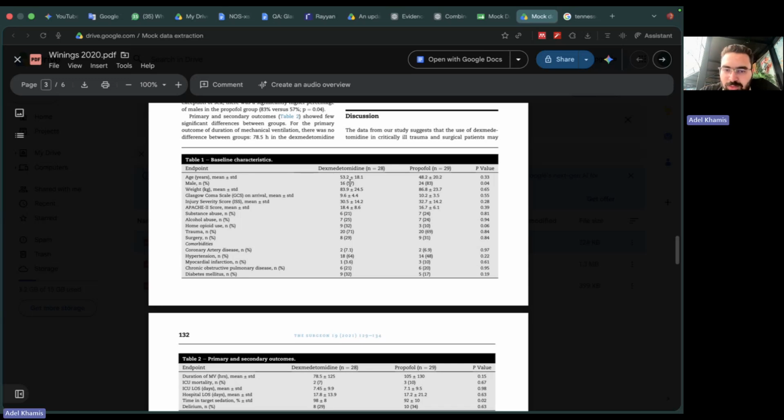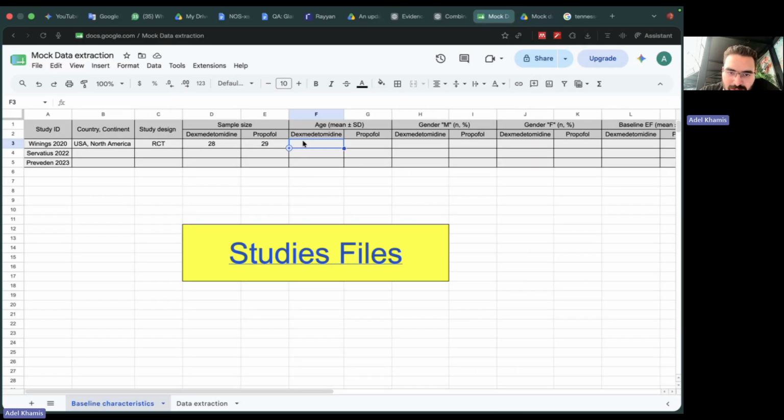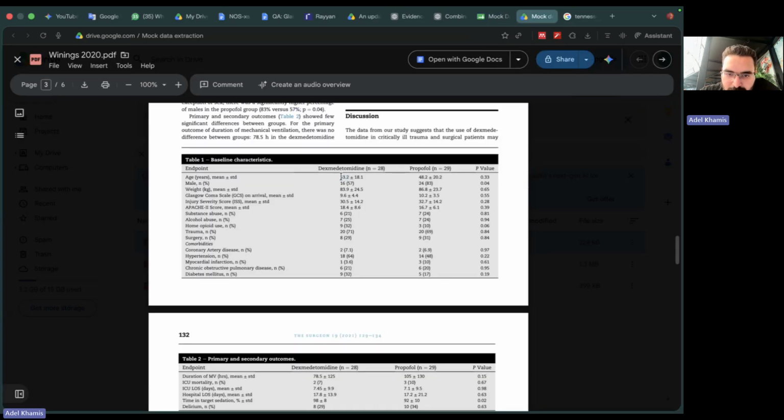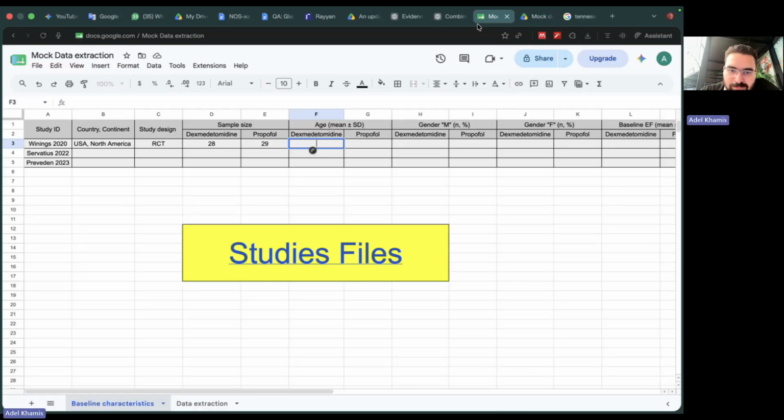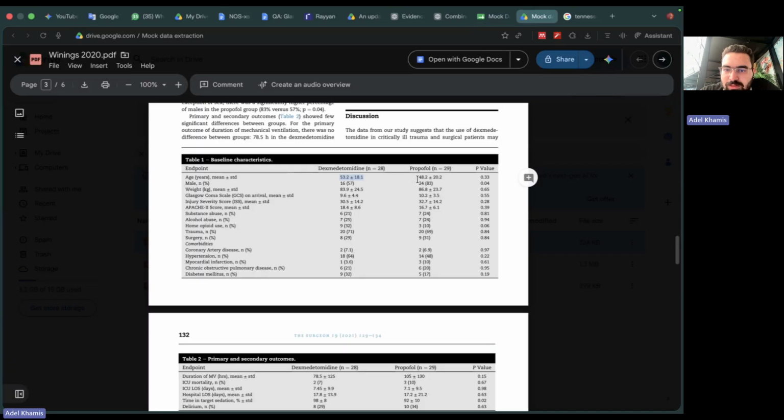So we don't need to do anything about it. We just take it as it is. We won't convert it to anything, and then copy and paste them, the whole thing, within the other group.